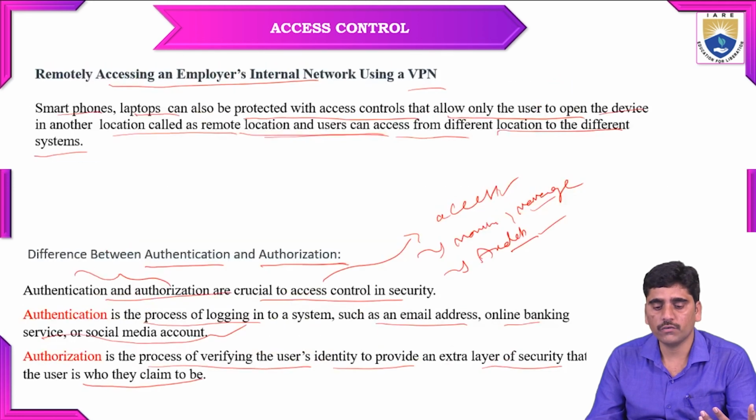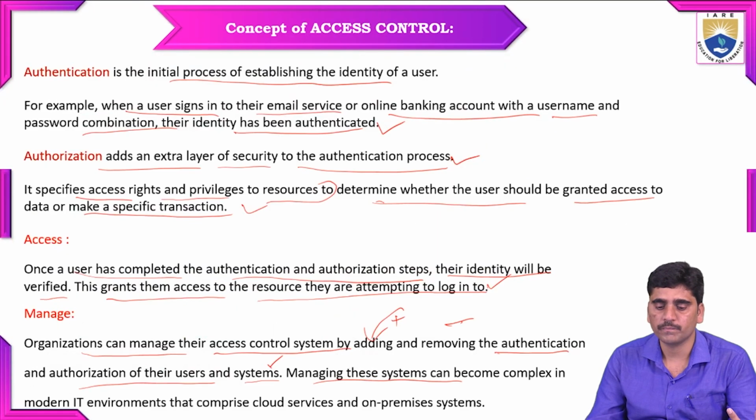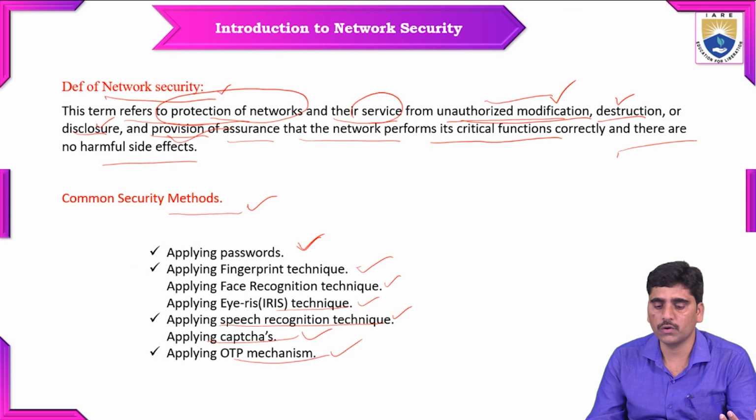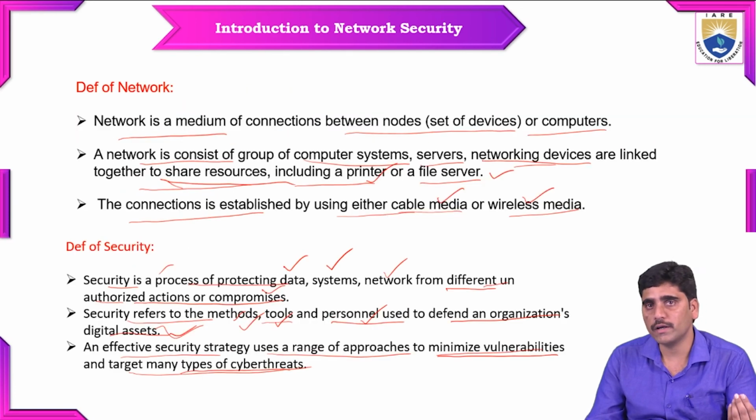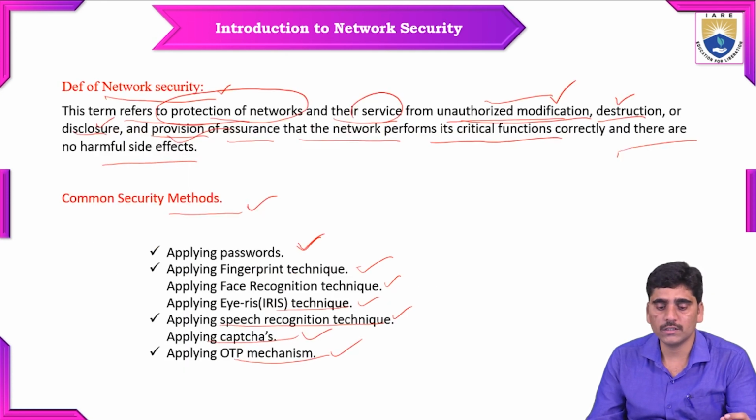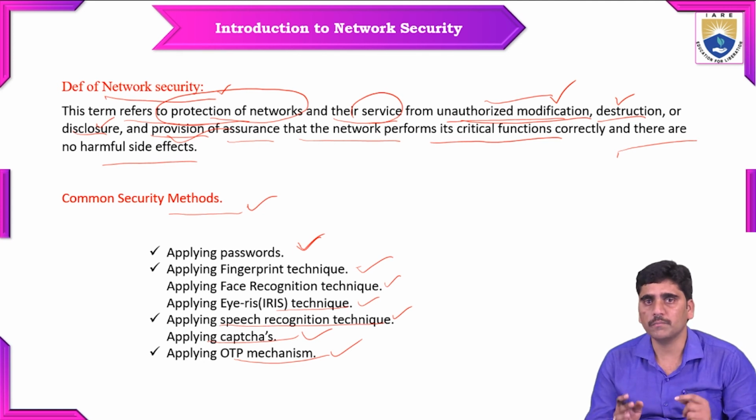So see what we discussed in this session. We discussed what is meant by network, the definition of network, the definition of security, and the definition of network security, and different types of common security methods.